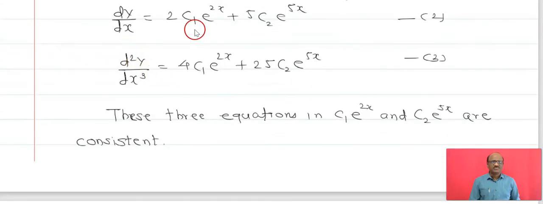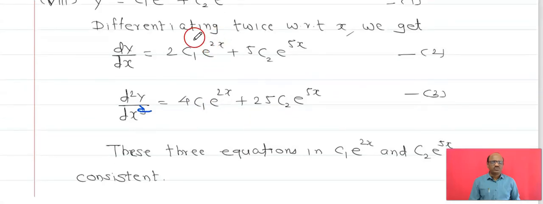Again differentiate with respect to x. d2y by dx square, by mistake I had written 3 here, but here it is 2. Therefore, d2y by dx square equals 4c1 e raised to 2x, since the derivative of e raised to 2x is 2 into 2 e raised to 2x, that will become 4.